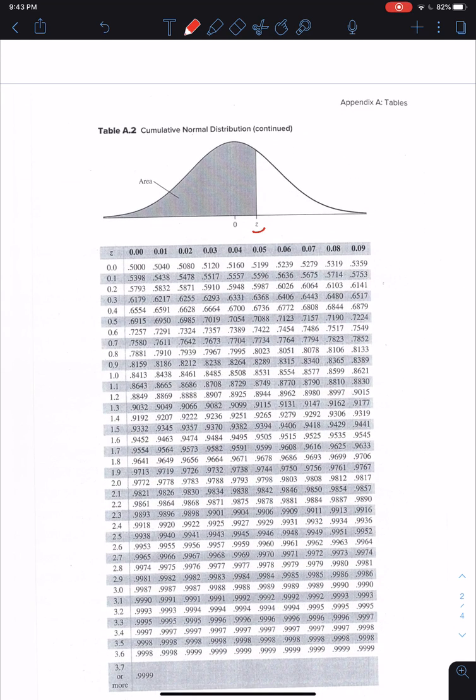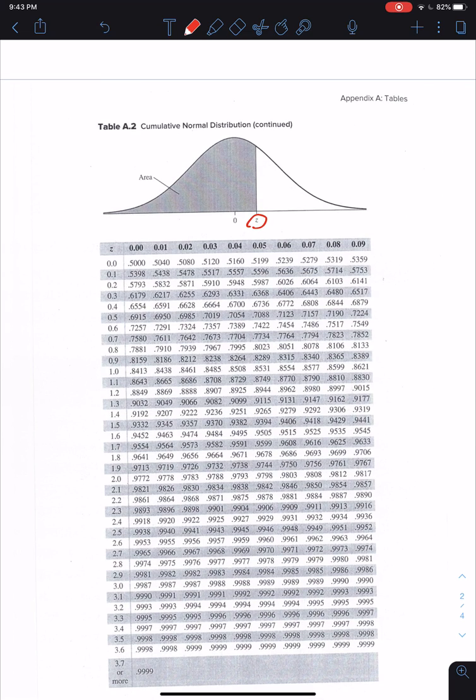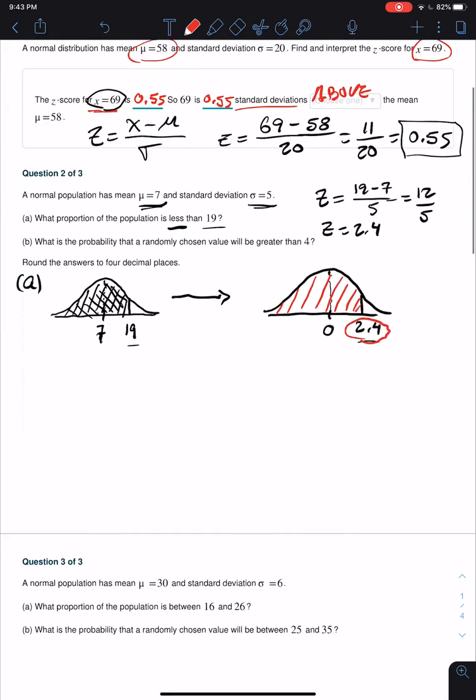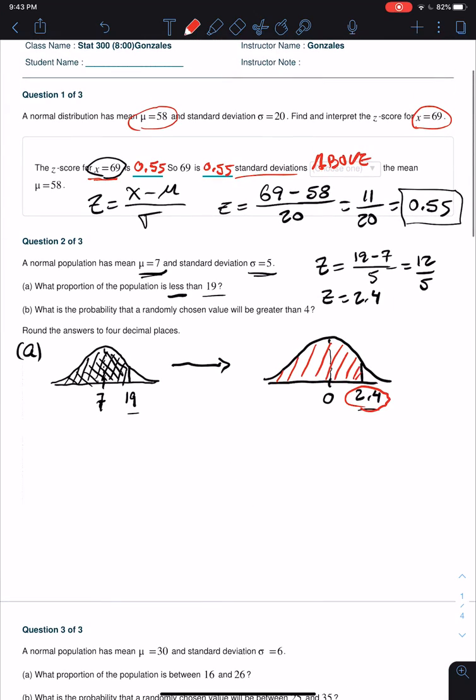You can tell it's the positive side because that z is to the right of 0. There's 2.4 right there, which is 0.9918. So I come back up here, and I can say the answer is 0.9918. And that is the answer to question A.